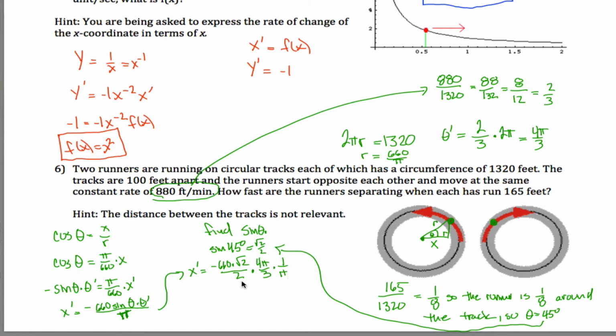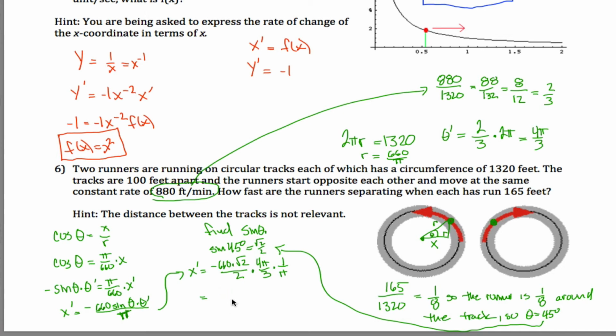The pi's cancel out. This 2 and this 3 makes 6, which cancels out with part of this. I get x prime is equal to negative 440. That's the 6 and the 660 net out to negative 110, which times 4 gives me 440. The pi's cancel out, square root of 2. So x prime is equal to negative 440.